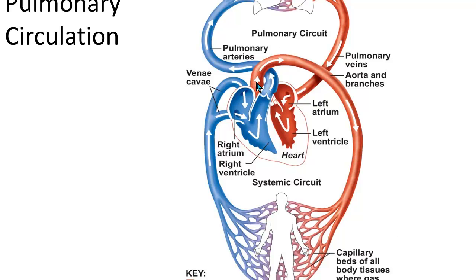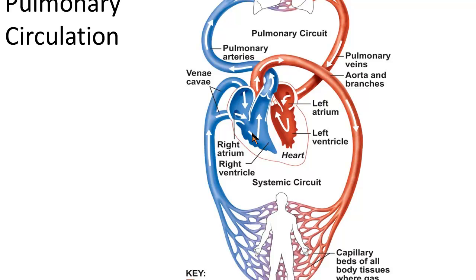So that is why we see the left side of the heart, this lateral wall here, is much thicker, because this is the stronger side of the heart in terms of the pressure that it has to overcome to pump blood. But do take note that both sides pump equal volumes of blood. It's just the pressure behind that blood that differs, where the left ventricle is the high pressure side and the right side of the heart is the low pressure side.